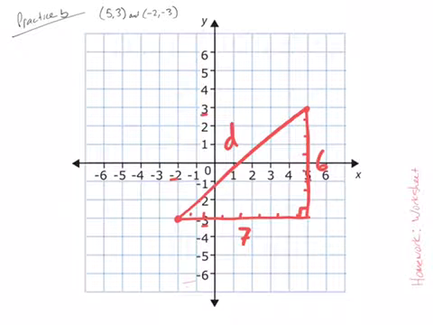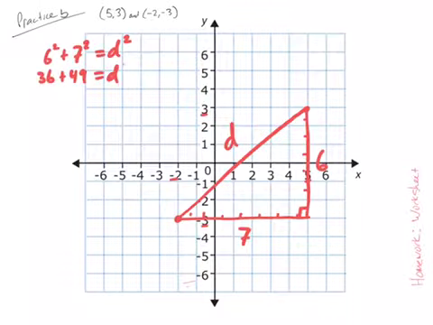So what we're going to do is say, since D is the longest side, that's going to be the c. So I'm going to say 6 squared plus 7 squared is equal to D squared. Well, 6 squared is 36. 7 squared is 49. D squared is D squared. So 49 plus 36, that's 85, is equal to D squared.